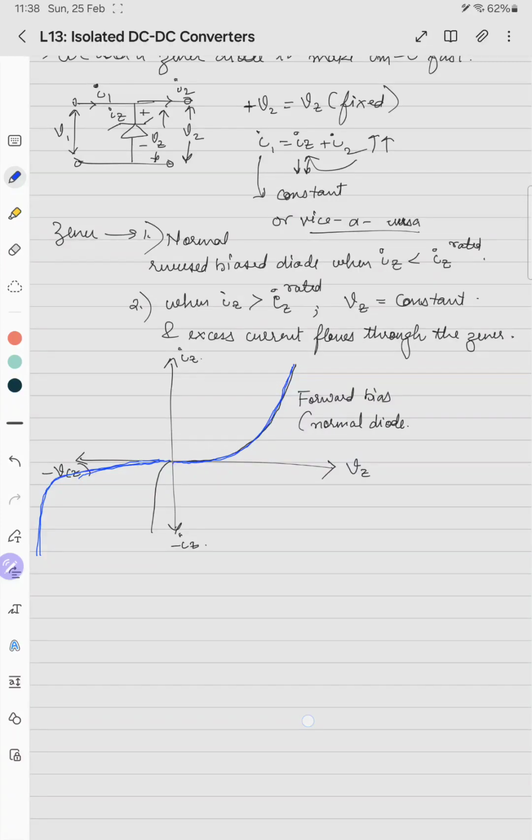So whatever is the change in IL, a Zener diode will try to maintain almost constant VZ. That is VZ rated across it. Say the Zener is rated for 3.3 volts and some amperage of current, VZ, and this point is called the breakdown voltage.